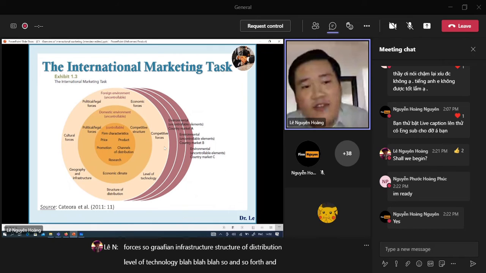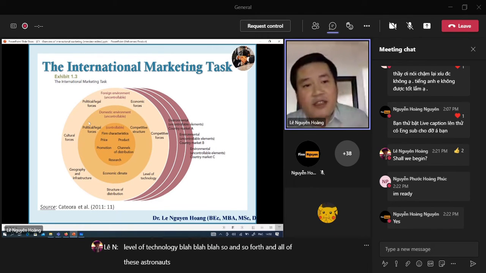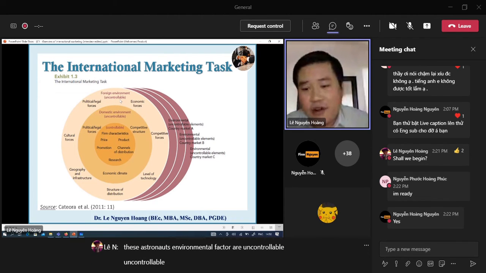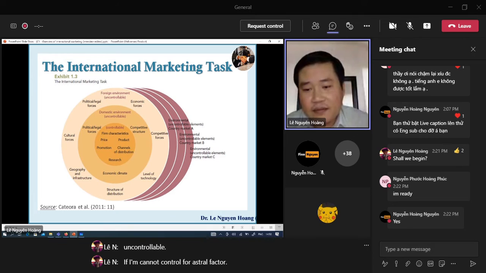And all of these external environmental factors are uncontrollable. The firm cannot control external factors. So, do you get my point?